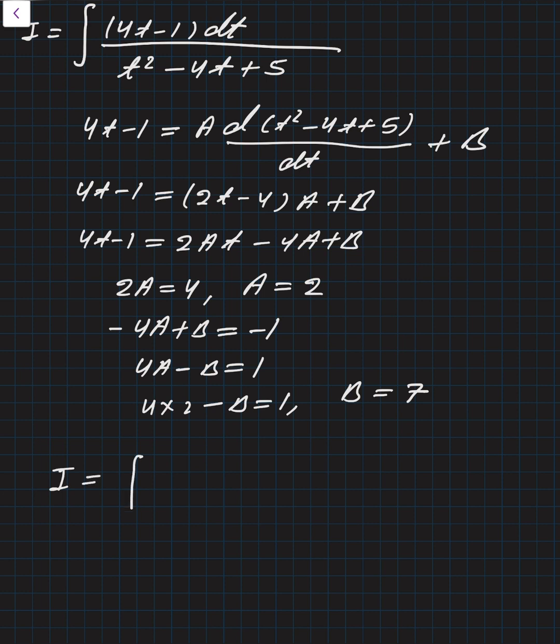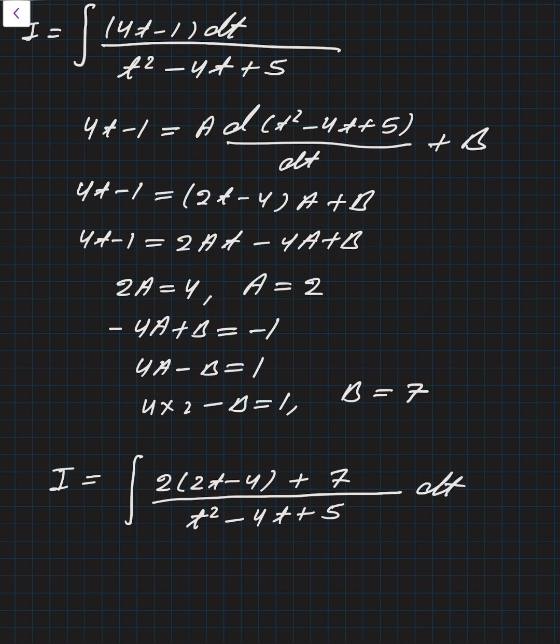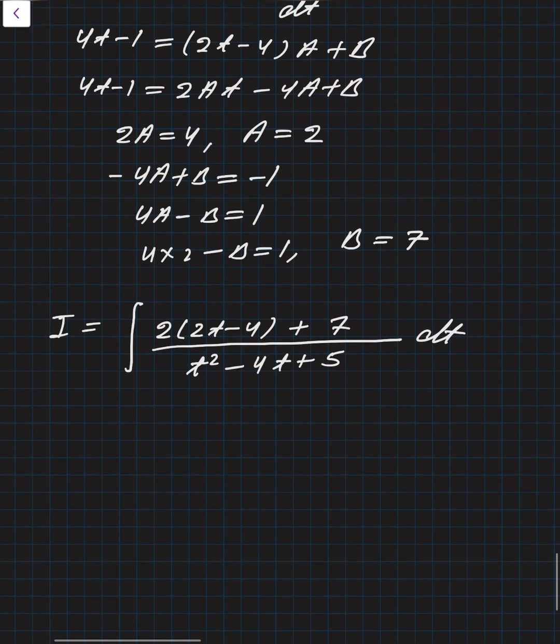Now put this value, then we got 4t minus 1 replaced: a means 2, so 2 into 2t minus 4 plus b is 7, whole divided by t square minus 4t plus 5 into dt. Okay, how can we do it?